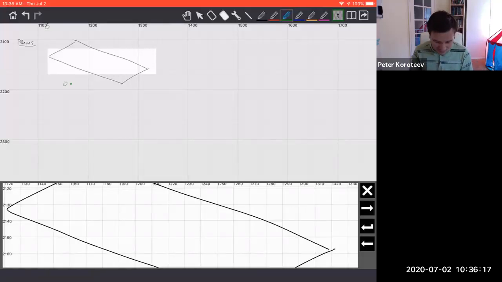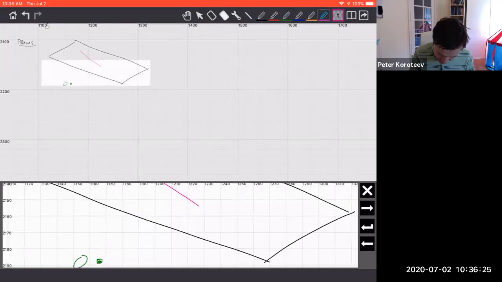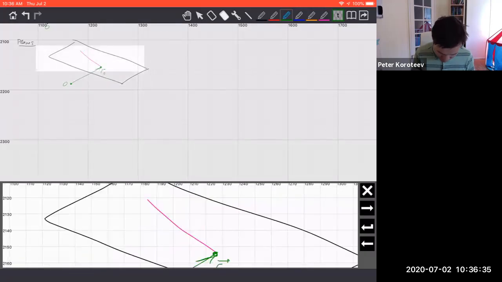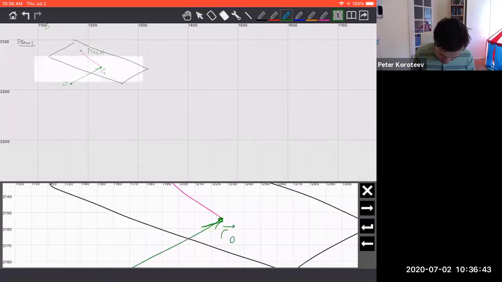The idea will be the same. There is some line segment on the plane, and say this vector is R0, and this is a point P, which is on the plane, and say this is R.